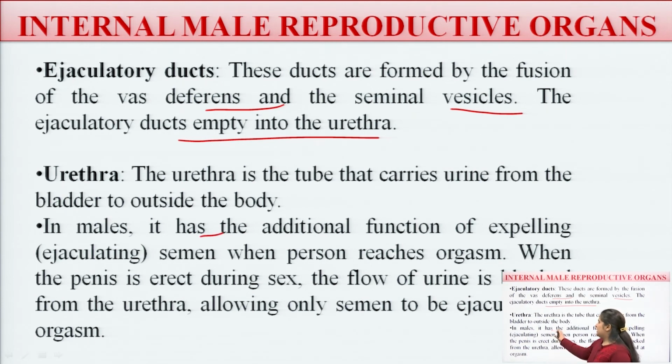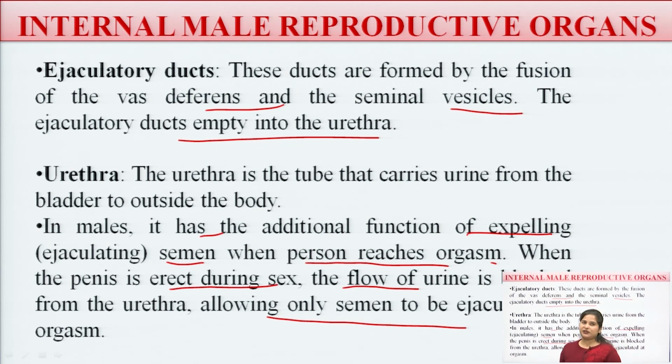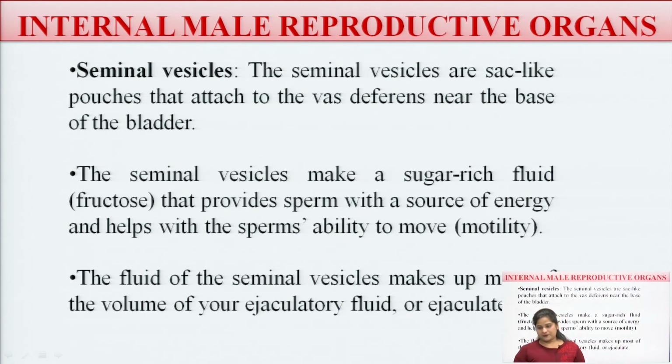In the male, it has the additional function of expelling semen, the ejaculation, when the person reaches orgasm, when the penis is erect during intercourse. The flow of urine is blocked from the urethra, allowing only the semen to be ejaculated during the orgasm.